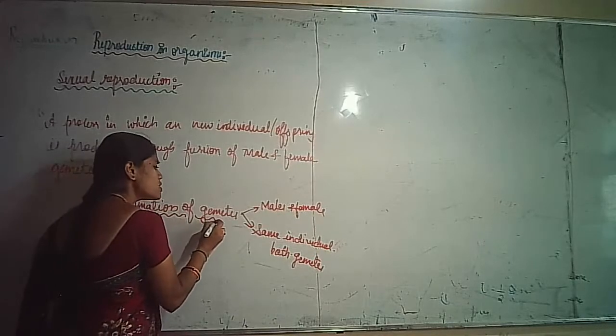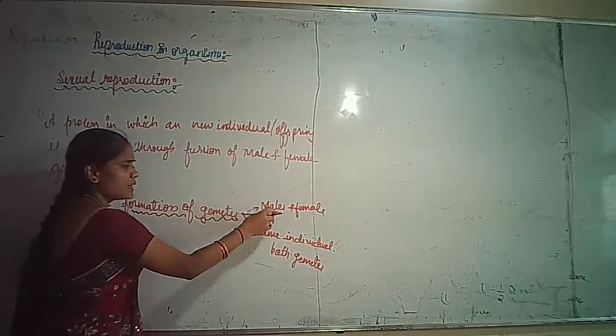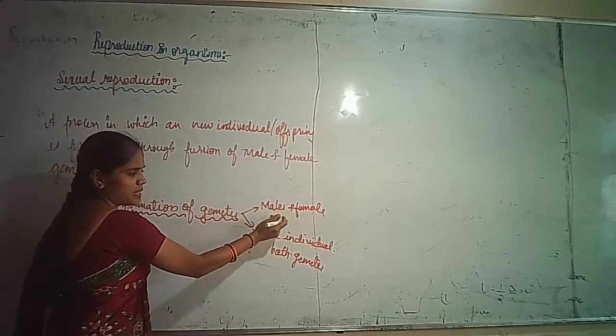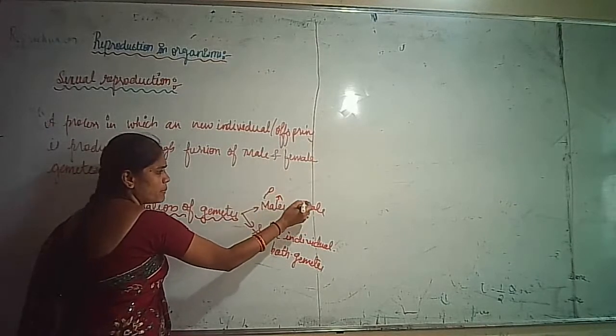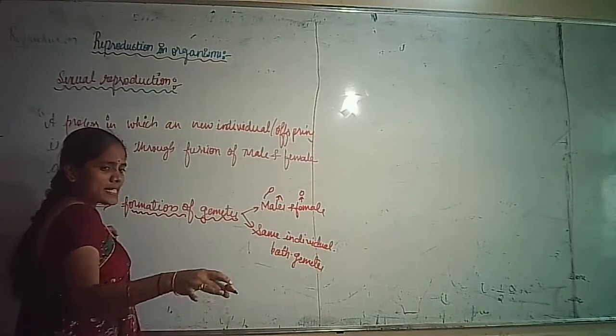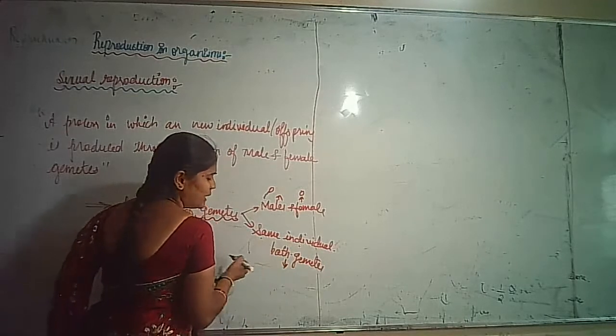So formation of gametes is taking place. Either the organisms separately produce the gametes, that is, a male individual produces male gametes, or a female individual produces female gametes, or in some cases, the same individual, only one individual.